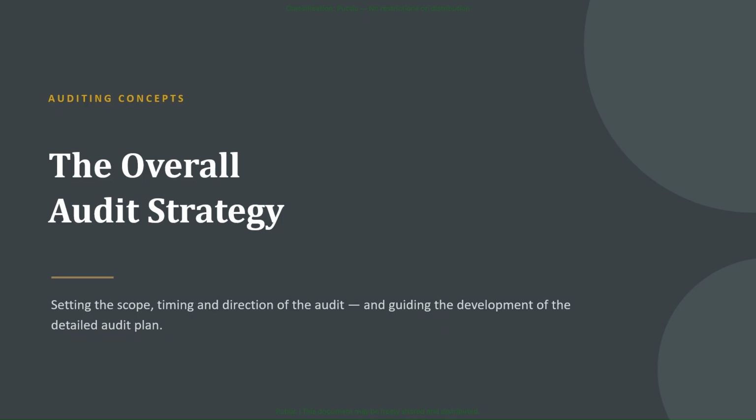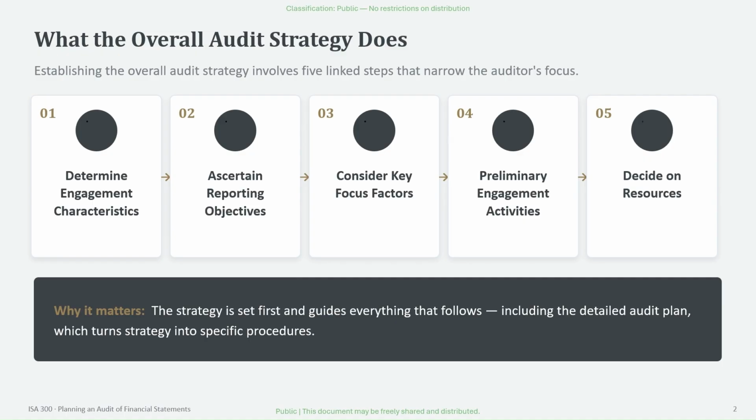Let's get into it. So, what does the overall audit strategy actually do? Establishing it involves five linked steps. First, the auditor determines the characteristics of the engagement that define its scope. Second, they ascertain the reporting objectives, deadlines, and communications. Third, they consider the key factors that will determine where the audit team focuses its efforts.